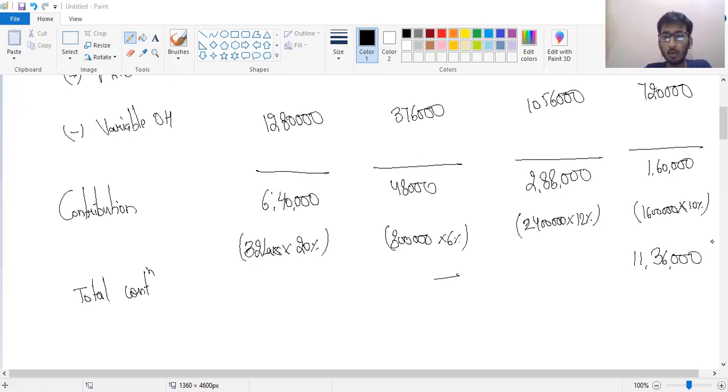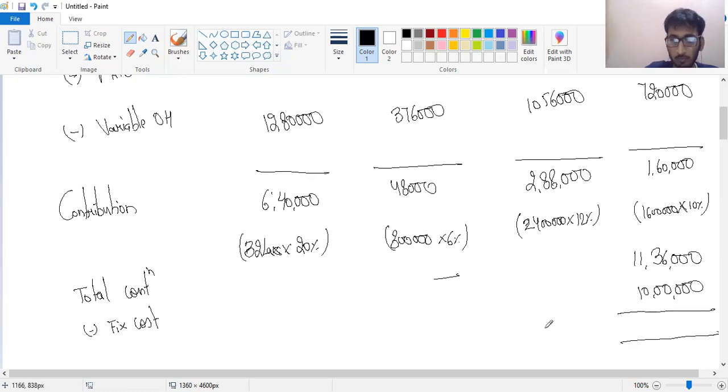So basically we got the figure of total contribution. Now what is the fixed cost? Fixed cost is 10 lakh. So the net profit would be 1 lakh 36,000. So this is the answer of first question.